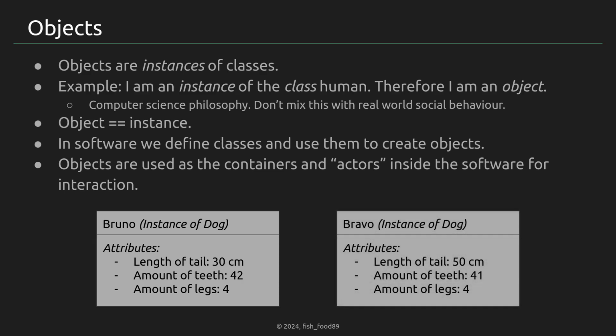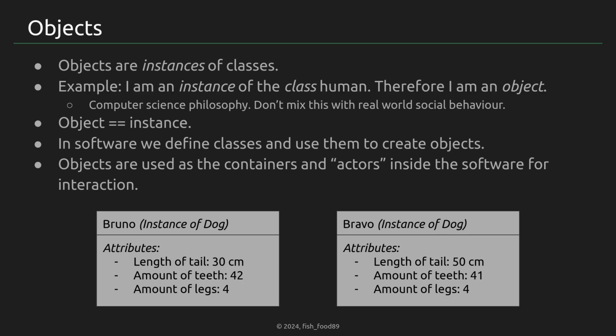Then we have Bravo, another dog. Its attributes are a 50 centimeter tail length and 41 teeth. It's missing 1 tooth. And it also has 4 legs, so they're both lucky dogs here. All 4 legs are there. So these are now objects. And we don't call these dog, because dog is a name reserved for the class.